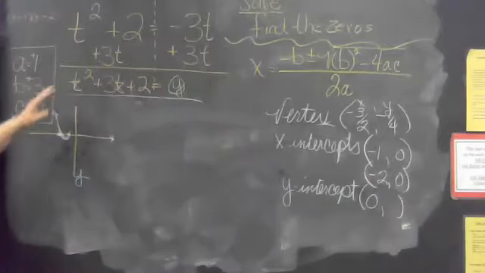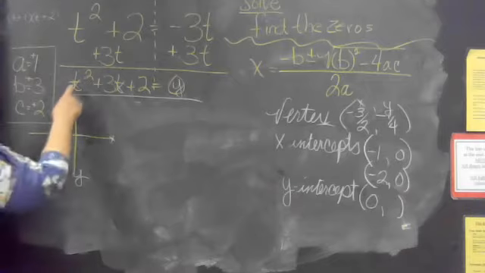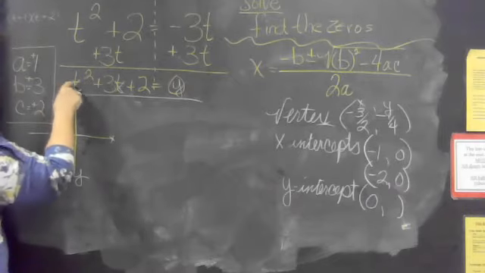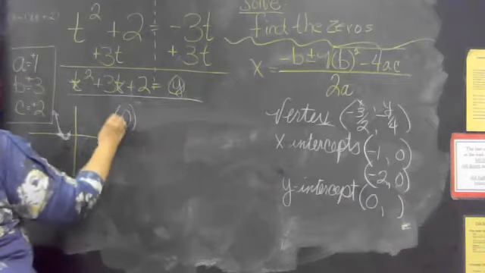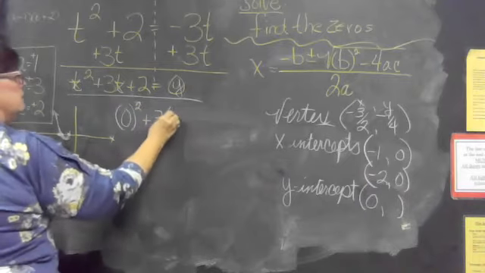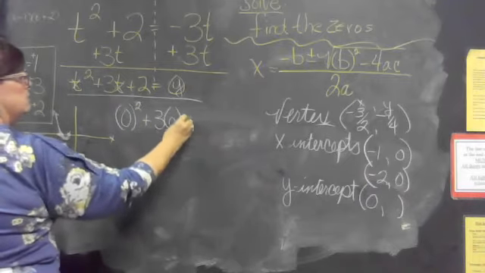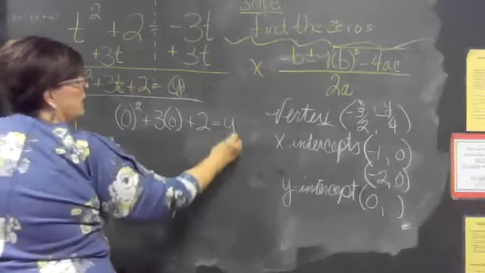So using the original again, we're going to put 0 in for x, or t in this matter. So I have 0 squared plus 3 times 0 plus 2 equals y.